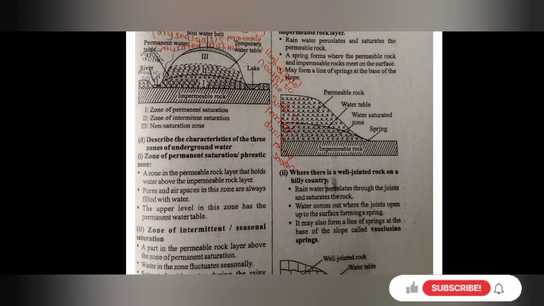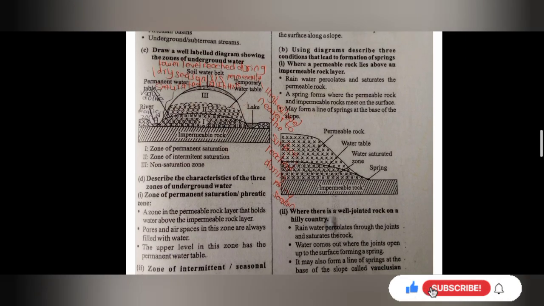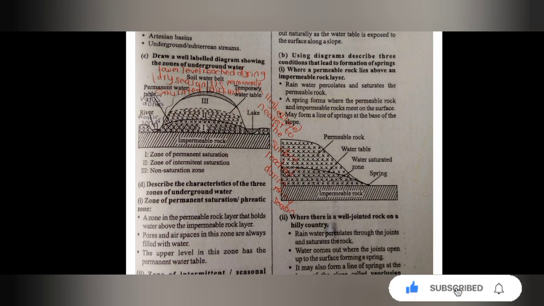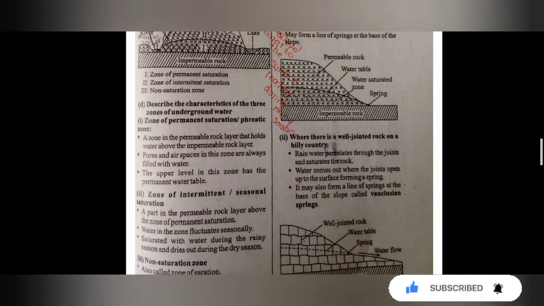So it is a zone of permeable rock layer that holds water above the impermeable rock layer. It has pores and air spaces that are always filled with water, and the upper level of this zone has a permanent water table. And from the diagram you can see that indeed it has a permanent water table on top of it.